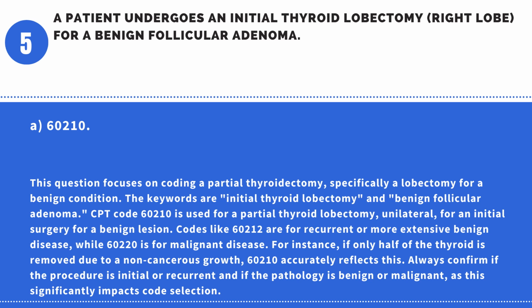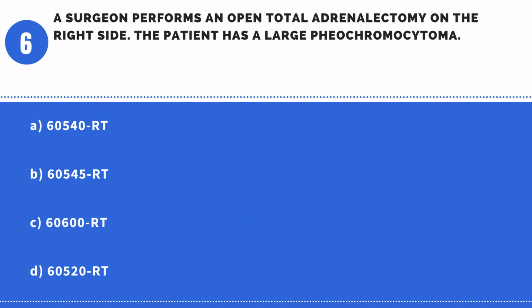Codes like 60212 are for recurrent or more extensive benign disease, while 60220 is for malignant disease. For instance, if only half of the thyroid is removed due to a non-cancerous growth, 60210 accurately reflects this. Always confirm if the procedure is initial or recurrent and if the pathology is benign or malignant, as this significantly impacts code selection.